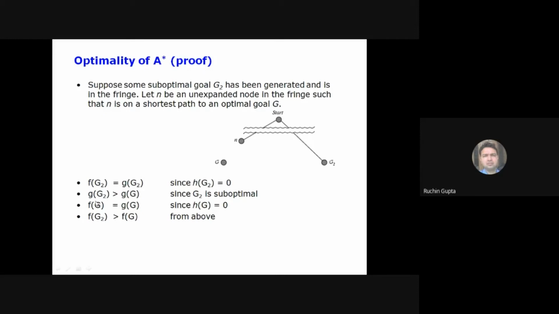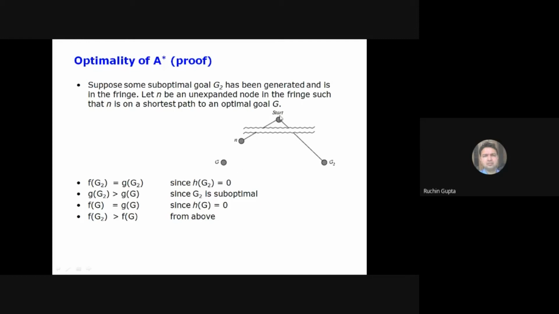And we know that this g(G2) will be greater than g(G), since G2 is suboptimal. What does suboptimal mean? For the goal G, from the starting node to the node G, we are getting the optimal path.